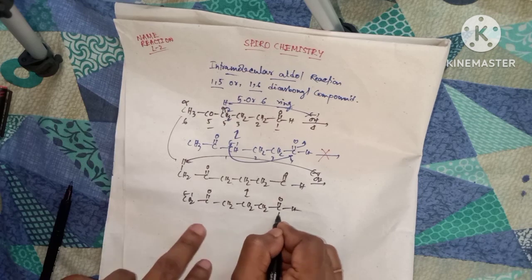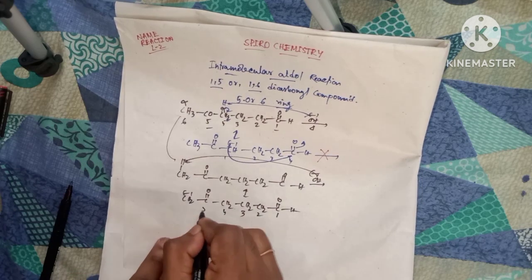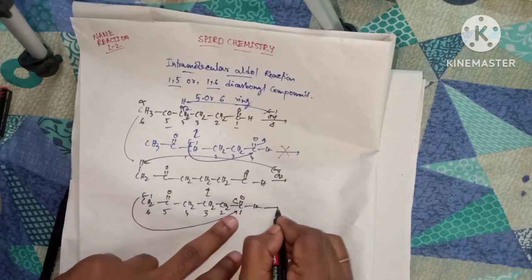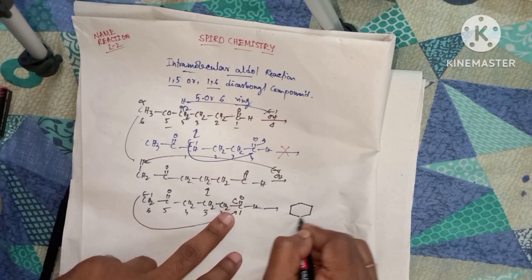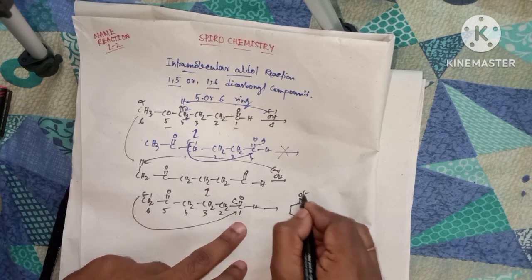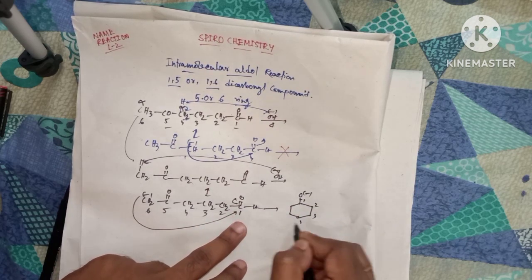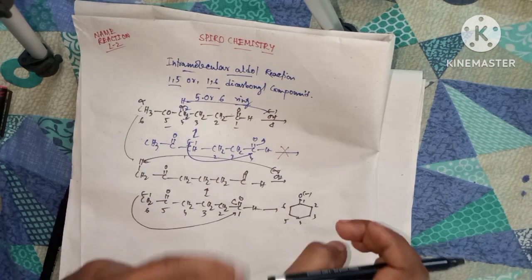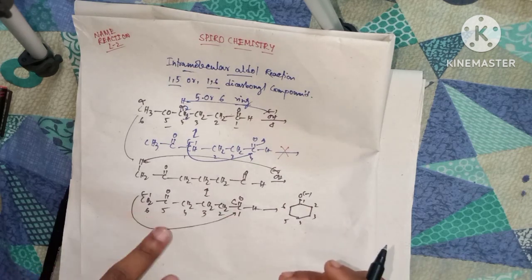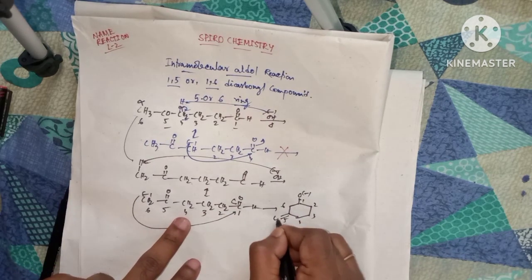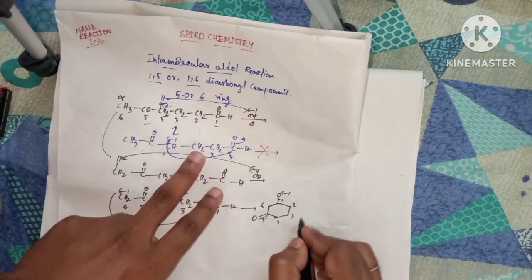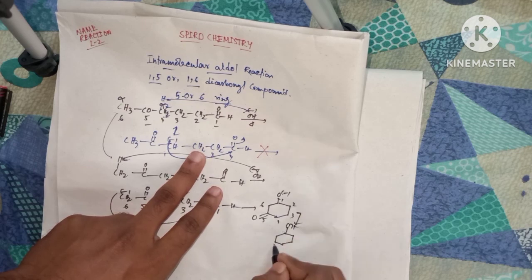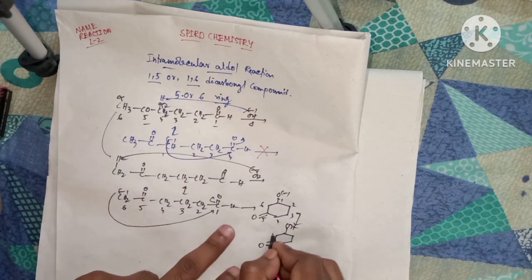We can see here 1, 2, 3, 4, 5 and 6, and it attacks here and a 6-member ring is formed, with O minus at one position. I already told you that a 6-member ring is more stable, and it forms OH and C double bond O, and a hydrogen is present here.